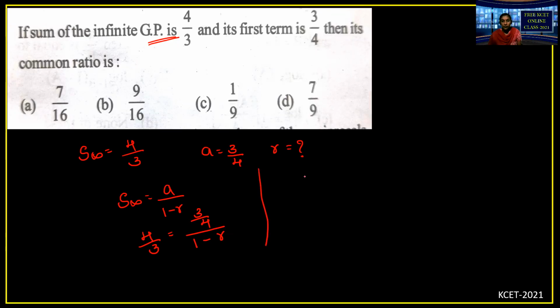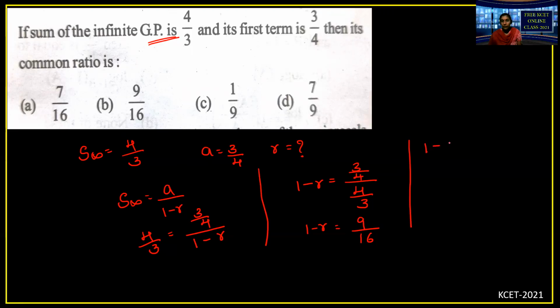Now shifting to the right hand side, 1 minus R is equal to 3 by 4 divided by 4 by 3. The denominator of the denominator goes to the numerator. 3 threes are 9 divided by 4 fours are 16. Shift 9 by 16 to the right hand side.